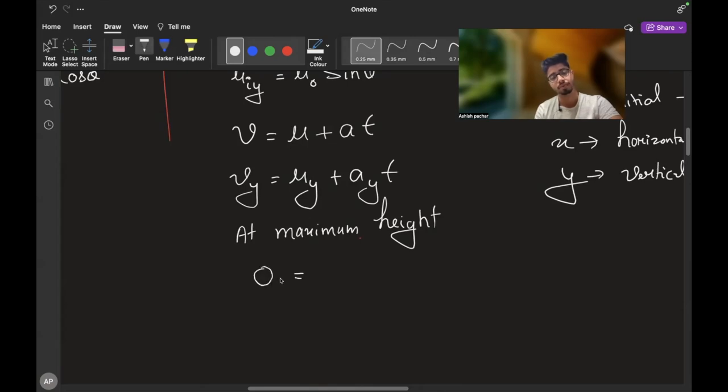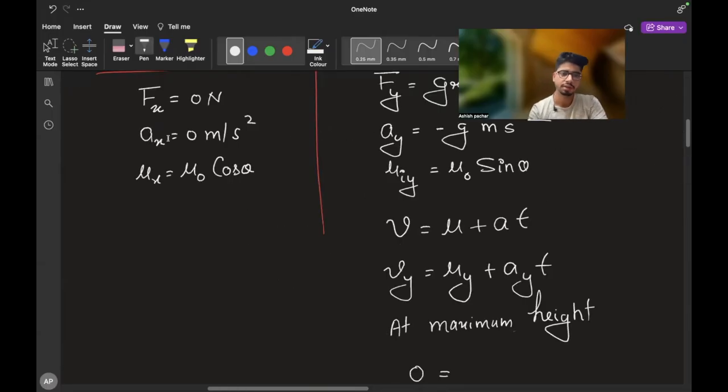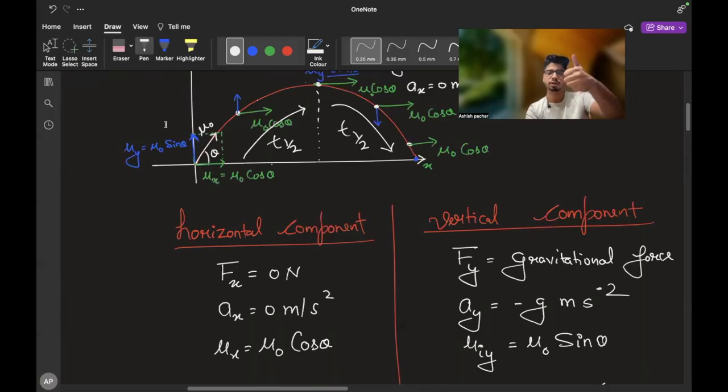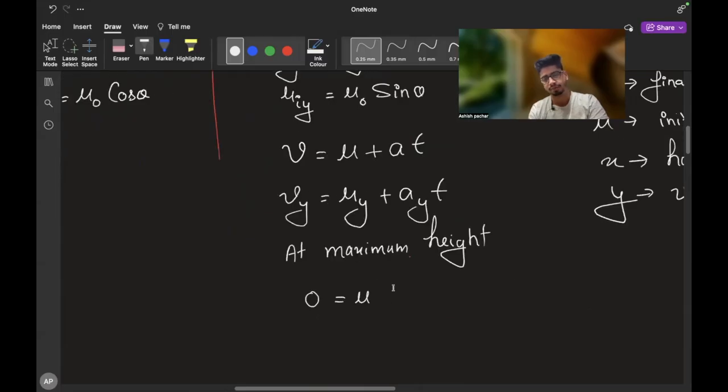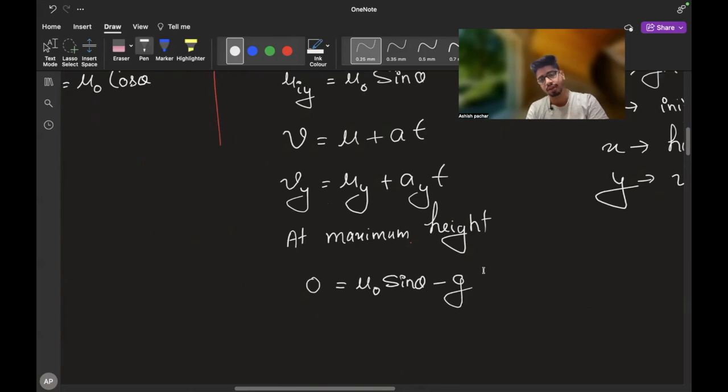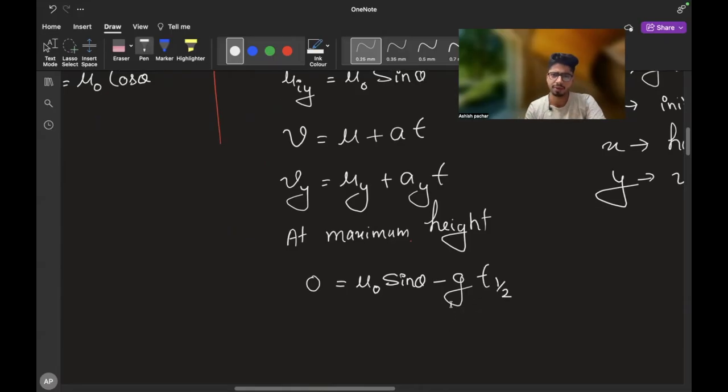The initial vertical velocity component is, initially what is the vertical velocity component that you are throwing it with? u naught sine theta, minus g, because acceleration is minus g in the vertical direction, not in the horizontal direction. So this is the time. I'm writing half of the total time period, it is half of that.